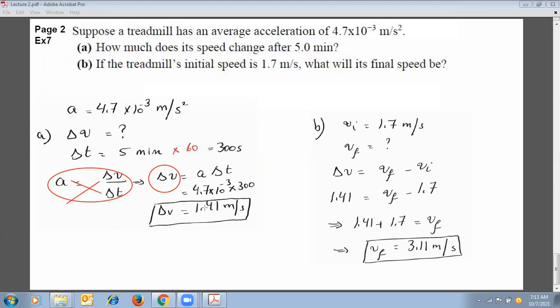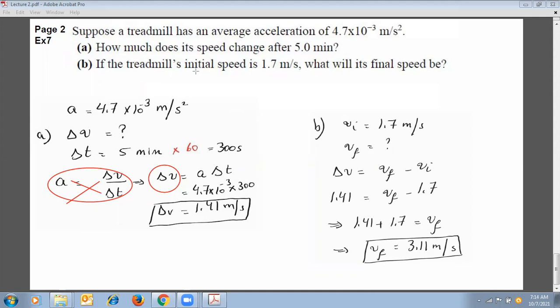A is 4.7 times 10 to the power minus 3. Delta T is 300. I calculate delta V. So within 5 minutes, the speed of the treadmill changes by 1.41 meters per second. This is what part A talks about.